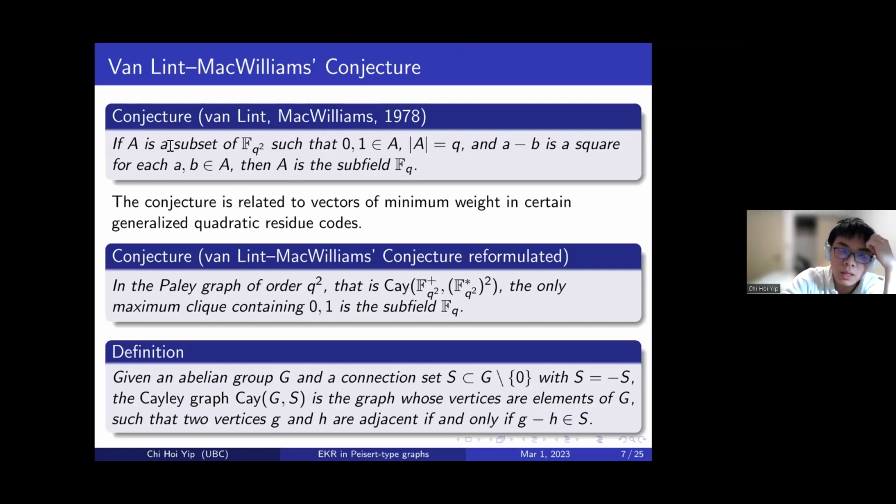In that paper, they conjecture that if we have a set A in F_{q^2}, the finite field with q^2 elements, such that it contains 0 and 1, has size q, and also a minus b is a square for each a and b in A, then A must be given by the subfield F_q.